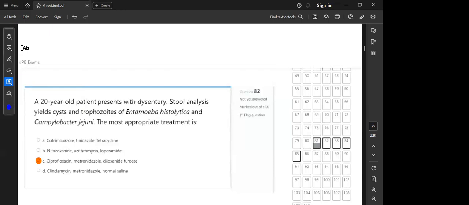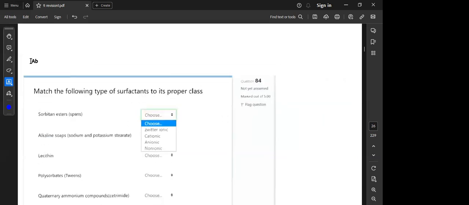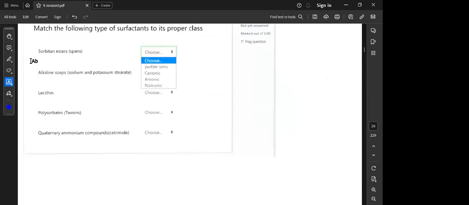We can go on to that other question for the time. So it's matching the type of surfactants to its proper class.